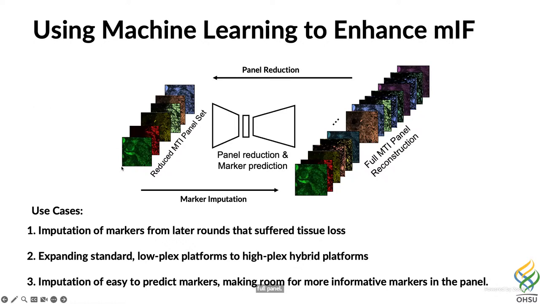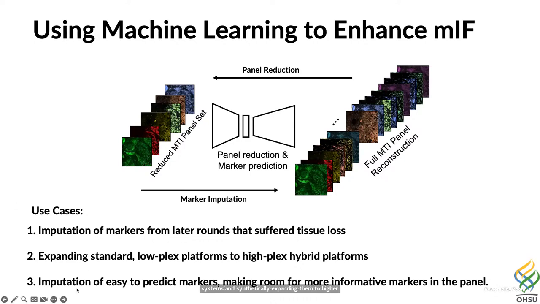If we can do this, then we have three immediate use cases. The first is we can address the data missingness problem where there's tissue loss in later rounds. We can impute those stains. The second use case is the potential to democratize higher plex systems by taking lower plex systems and synthetically expanding them to higher plex systems by conducting the staining in silico.